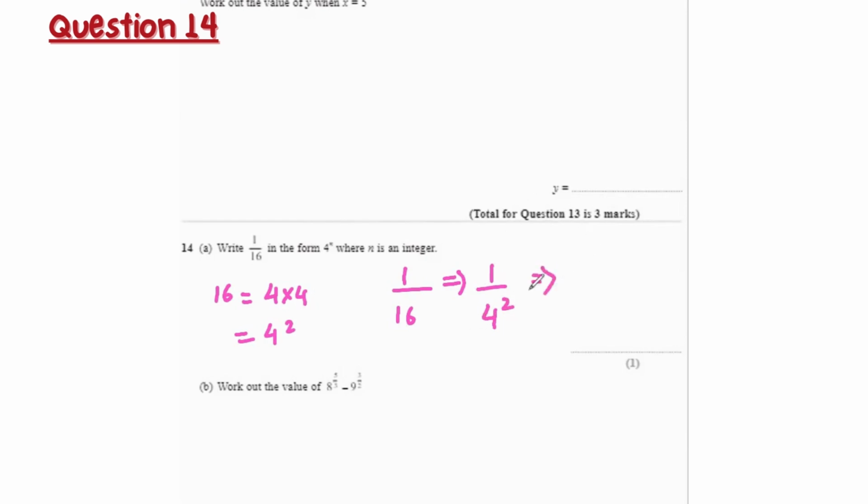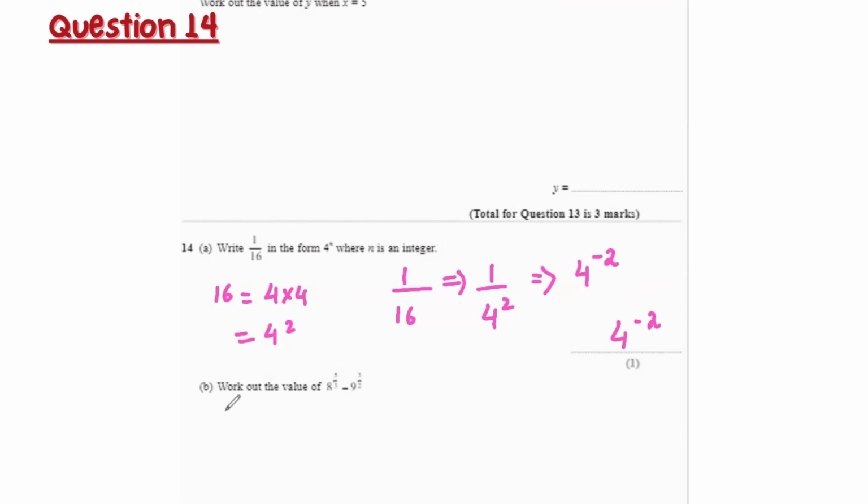Next, we're going to bring the 4 to the numerator. When we do that, the power of 4 becomes negative. Since it was positive already, in the numerator it's going to be negative. So 1 over 16 in the base of 4 is 4 to the power of negative 2. That is your answer.